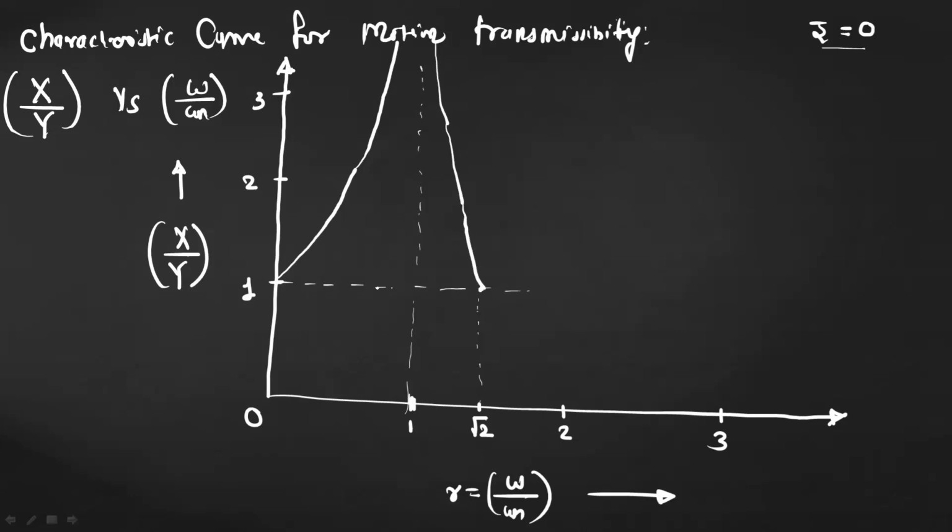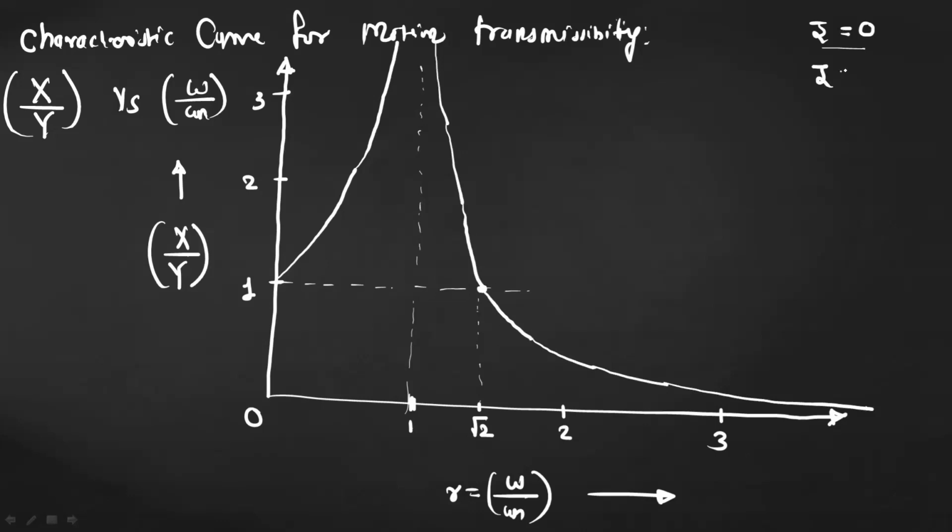The transmissibility will again become 1 when the frequency ratio is square root 2, and then it will start decreasing, gradually approaching 0 for the higher frequencies.